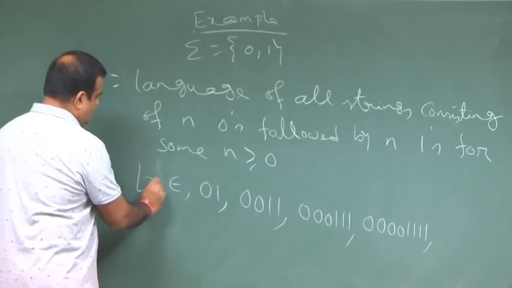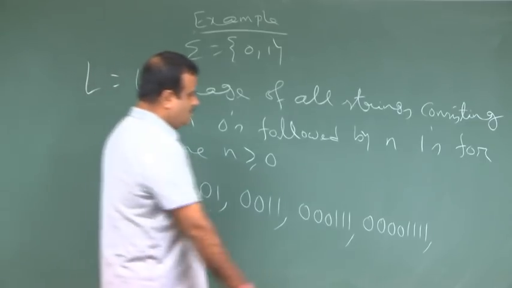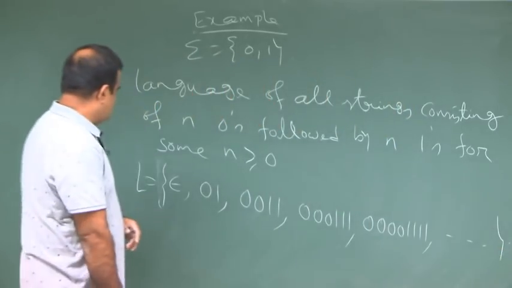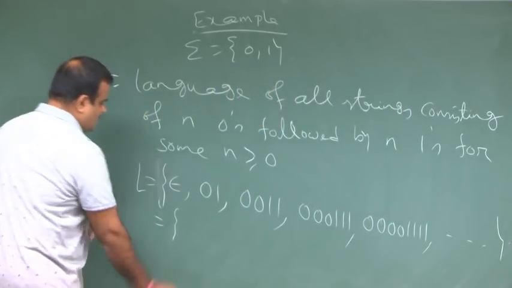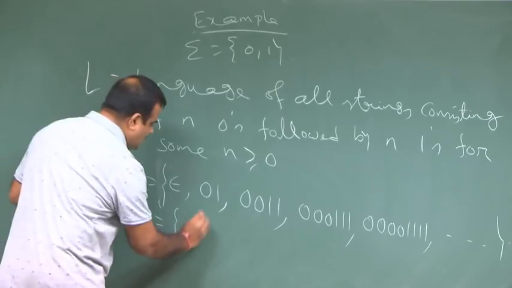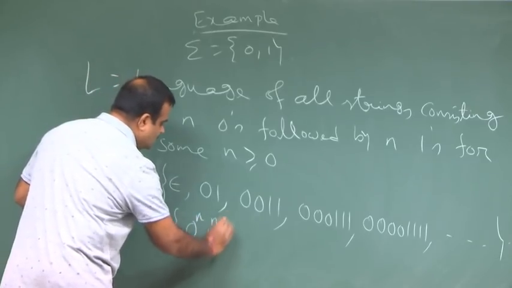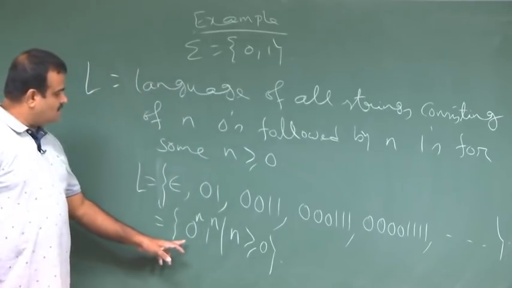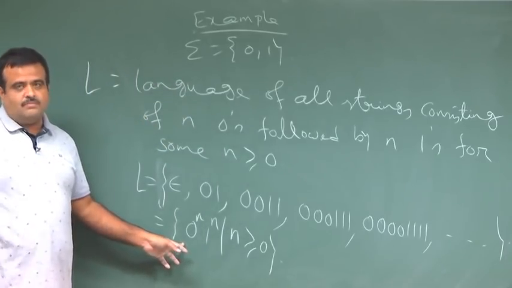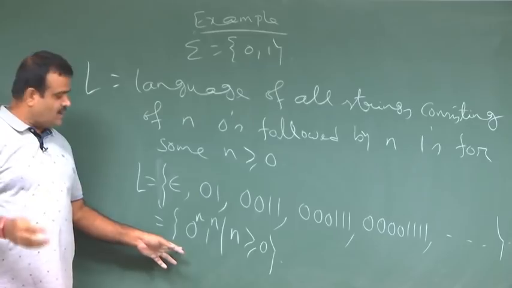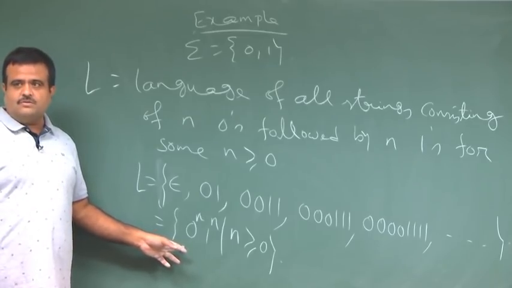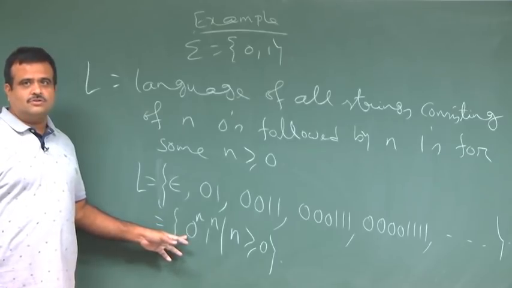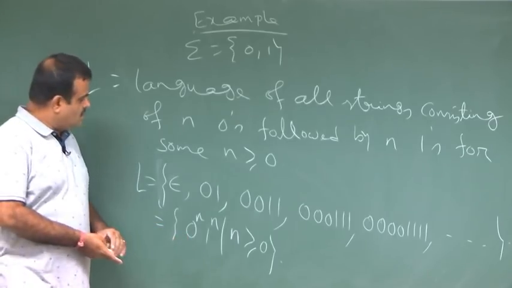So, this is our L. In short we can write it as 0 to the power n, 1 to the power n, n greater than or equal to 0. So, this is a string of this form: we have n zeros followed by n ones, and n could be 0 also, that means no occurrence of these.